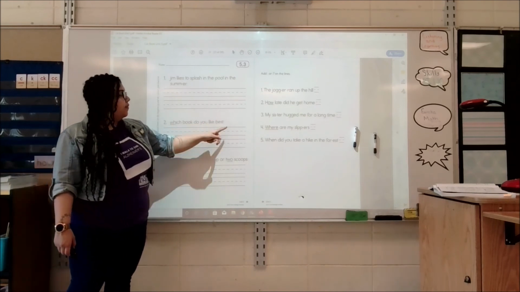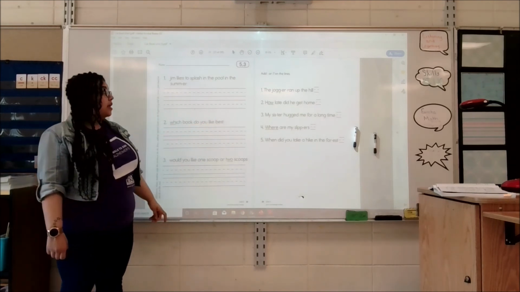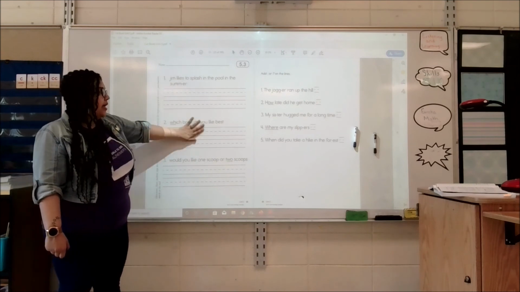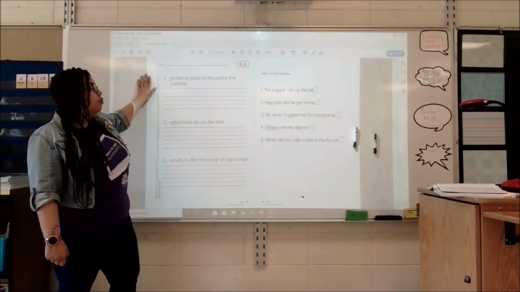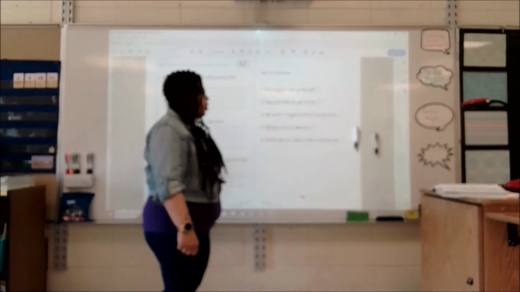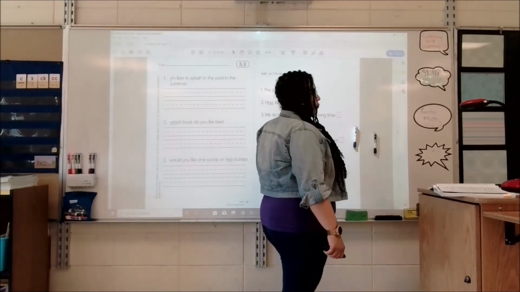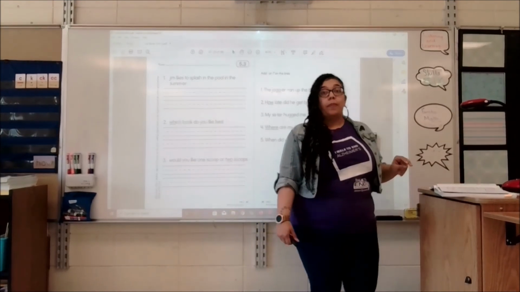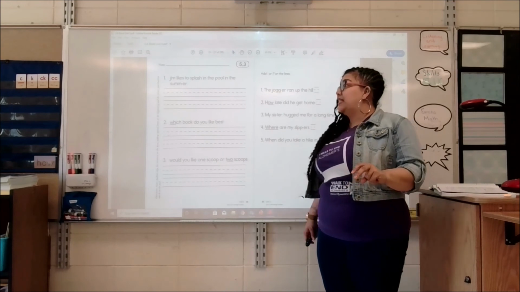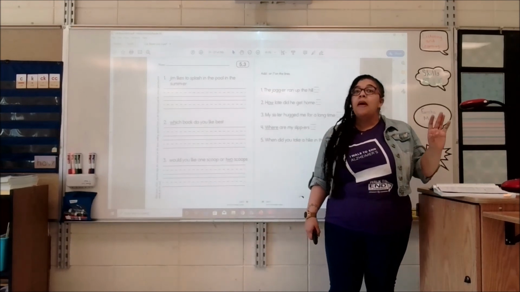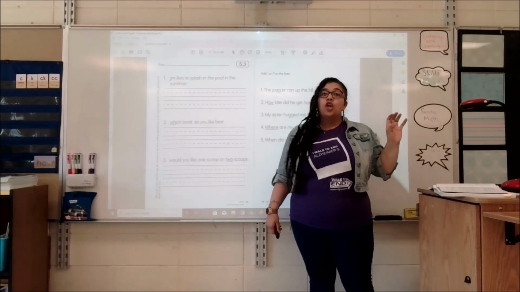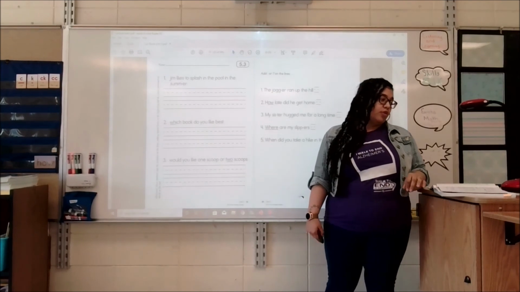And depending on if it's a statement or a question, you need to add the correct punctuation at the end. Am I asking you to answer any questions that these ask you? No, I'm not. Right now we are fixing these sentences. Somebody already wrote them, but they didn't write them correctly. You are fixing the sentences.